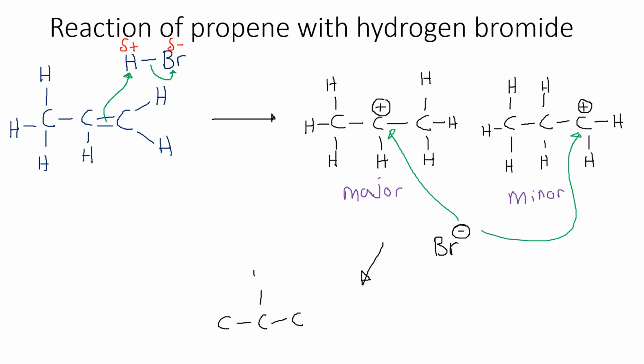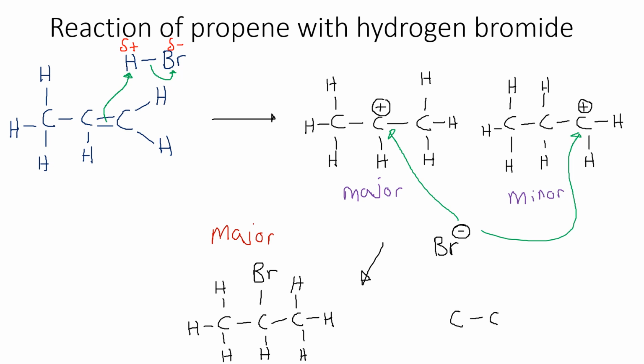The first one is shown here, 2-bromopropane. Now 2-bromopropane is your major product, so there is more of this. And the alternative product, the byproduct, is 1-bromopropane.